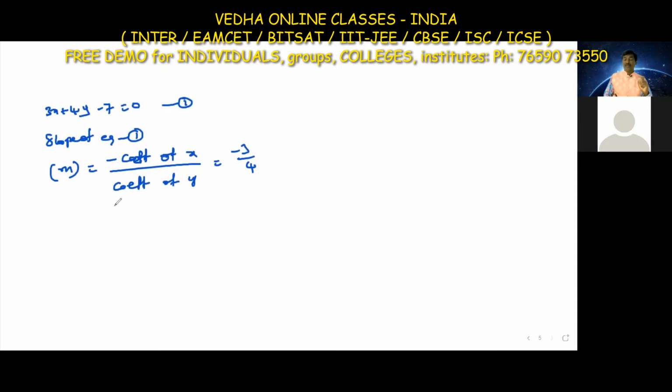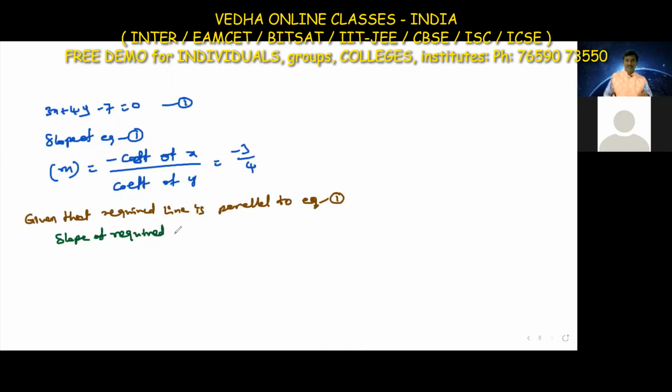Now the required line is parallel to equation 1. If it is parallel with equation 1, then the slope of the required line, m2, is equal to the slope of equation 1, that is m1.